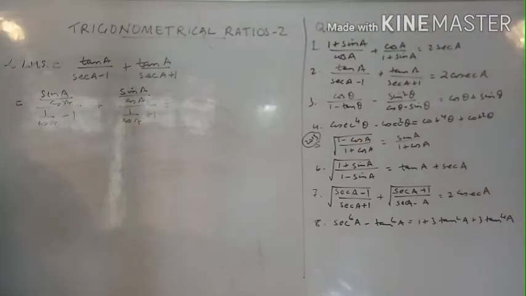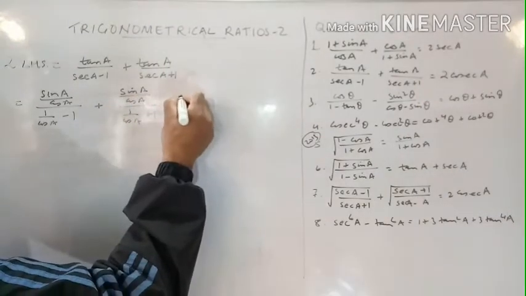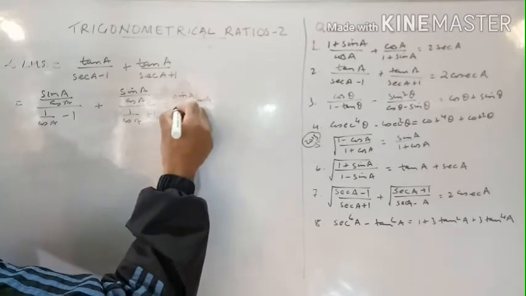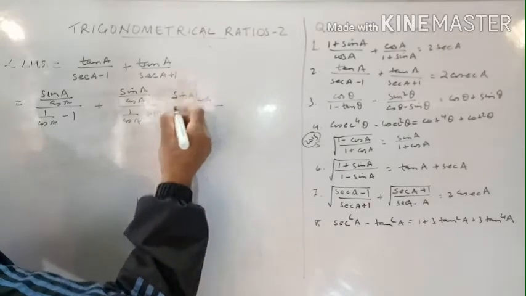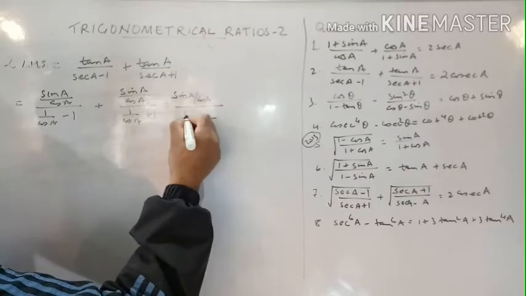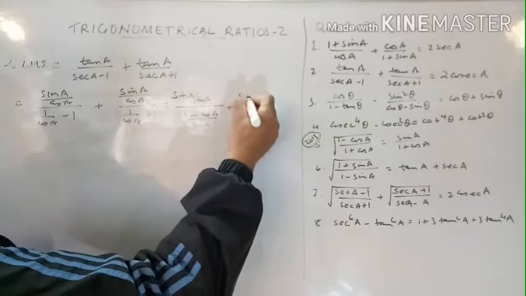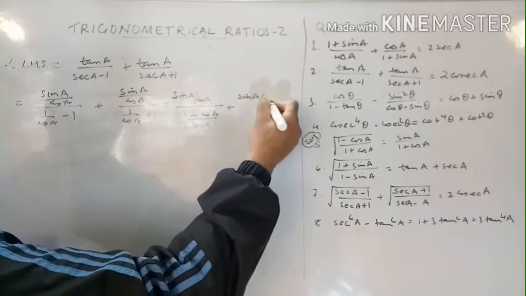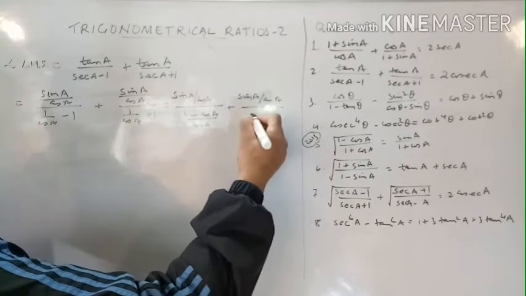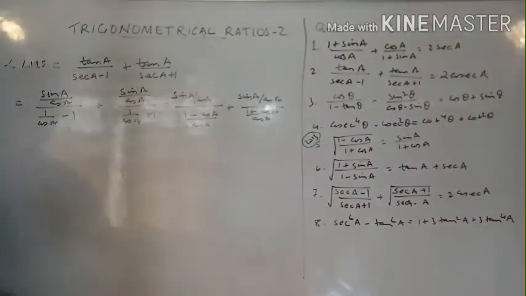If you take LCM here, cos A, you get (1 minus cos A) by cos A in the first, and 1 plus cos A by cos A in the second.